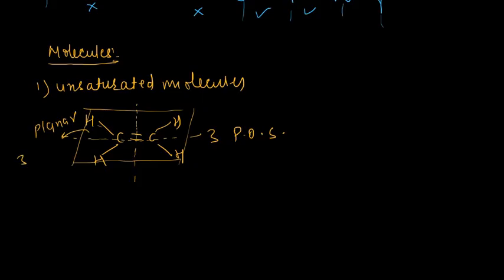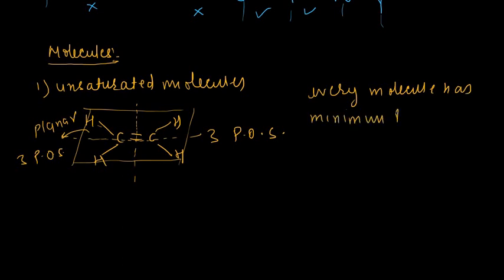So in unsaturated compounds, every molecule has a minimum of one POS, that is the molecular plane, which is also called the sandwich plane, right?